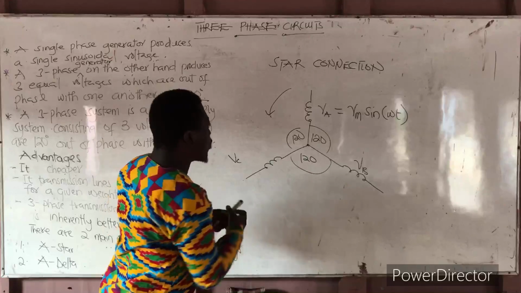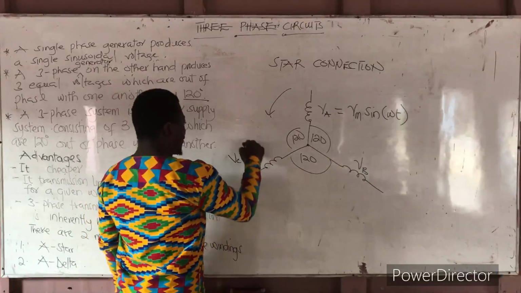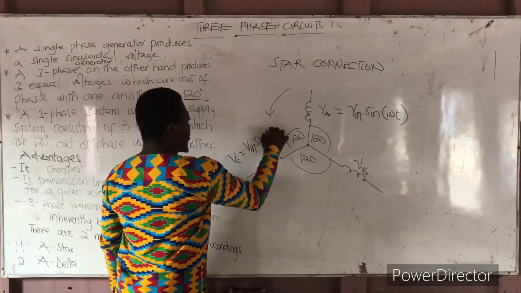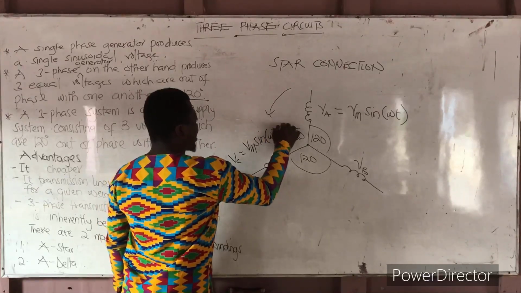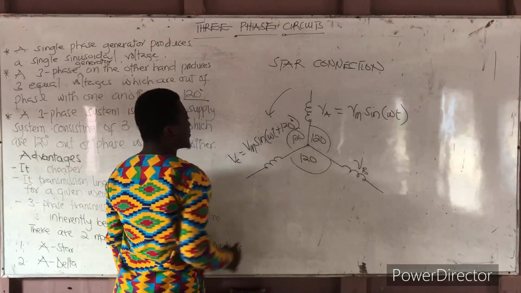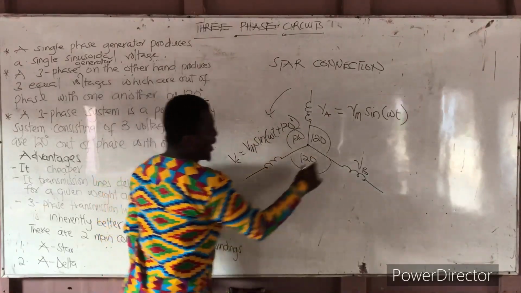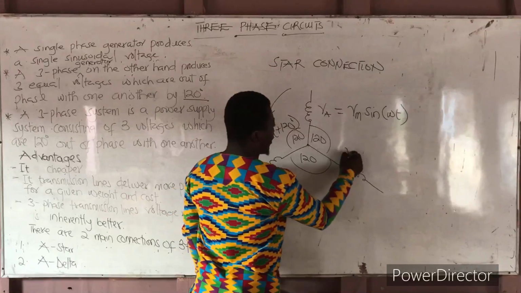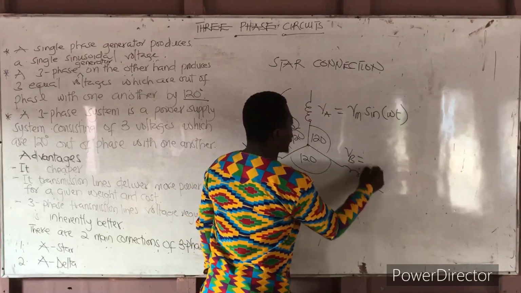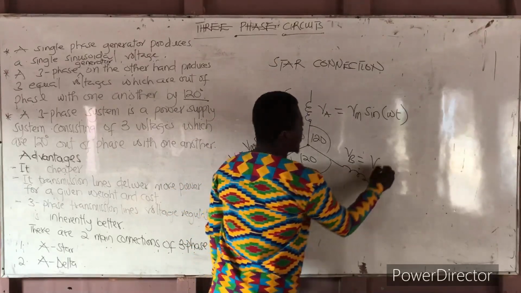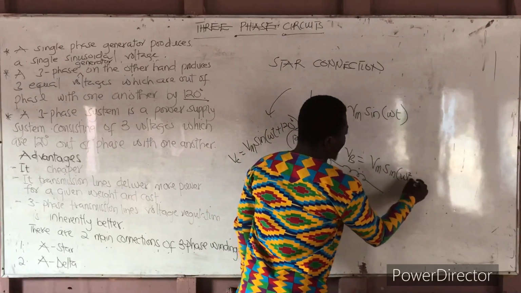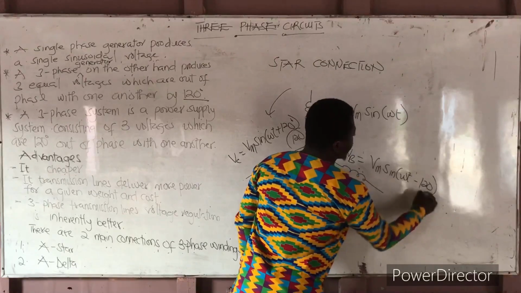So coming anti-clockwise 120, this is going to give us Vm sine omega t plus 120 degrees. And coming clockwise 120, we are going to get Vb is equal to Vm sine omega t minus 120.